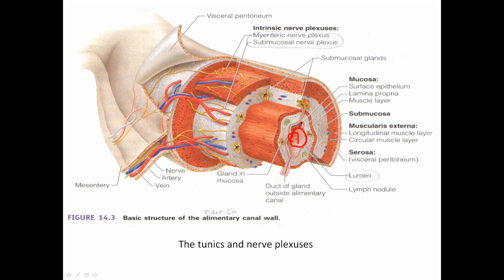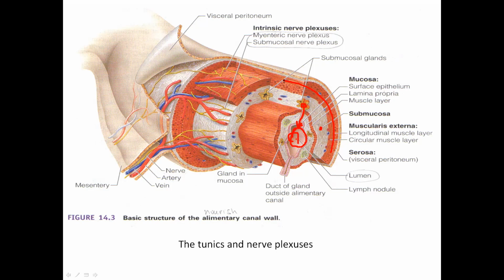The next layer out is the submucosal layer. And you can see the submucosal glands that would release digestive juices and other substances into the stomach that aid in the continual breakdown of food. Then the next layer out is the muscle layer. This is a type of muscle that is under autonomic control.